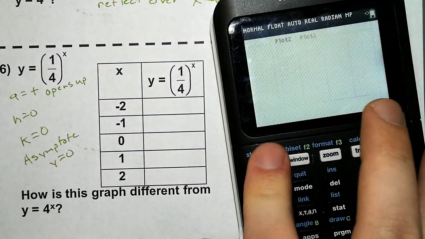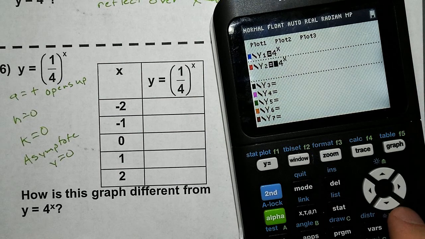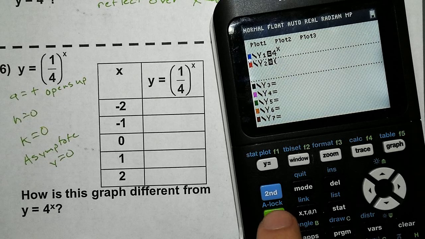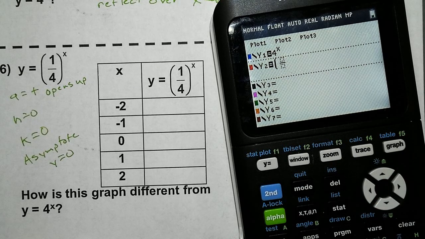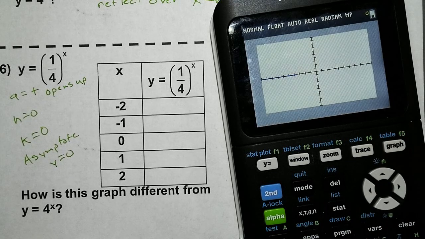So let's go back to our y equals and let's type this in as in parentheses. Now to put in a fraction, remember go to alpha y equals, push enter, and it's 1/4, close your parentheses, and then raise that to the x power. Now let's hit graph. So, there's our blue one, there's our normal one.